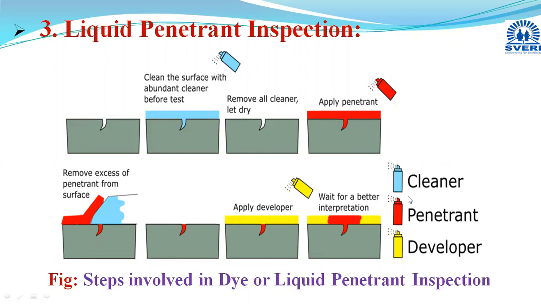This is the disadvantage of liquid penetrant inspection, that internal defects cannot be determined in any kind of component. But surface and subsurface defects in all types of components, whether ferrous, non-ferrous, plastic, ceramic or glass material, we are able to find out with the help of this liquid penetrant inspection method.